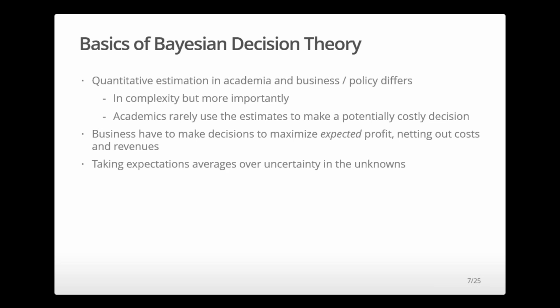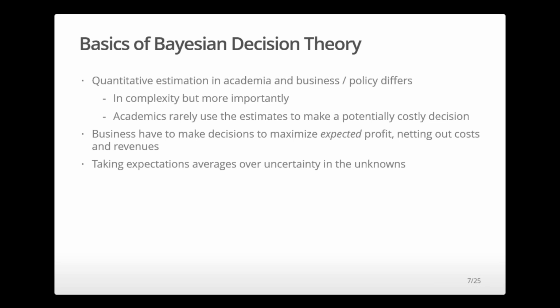So, calculating the costs and the benefits of a menu of decisions. Now, you can generalize this to maybe risk-adjusted profit or something like that, but just for simplicity, we'll think about a profit function, but it's an expected profit function.